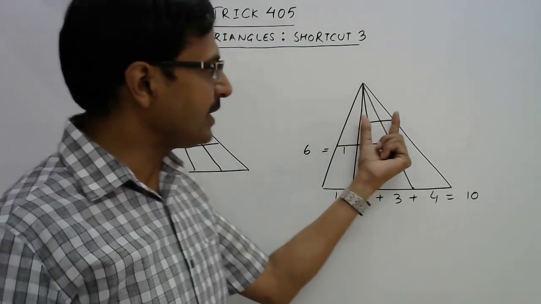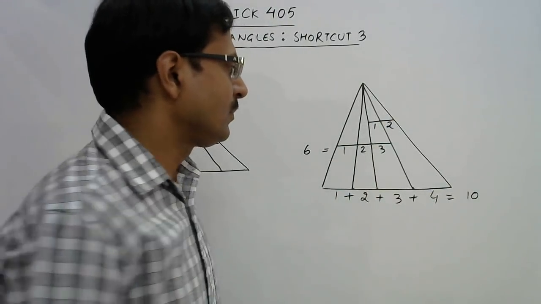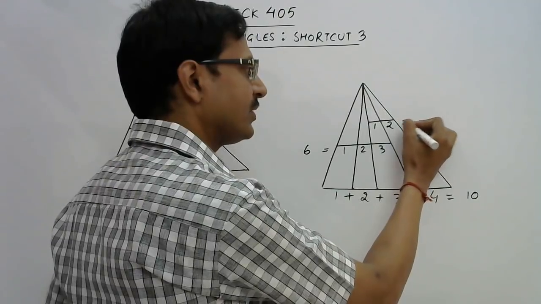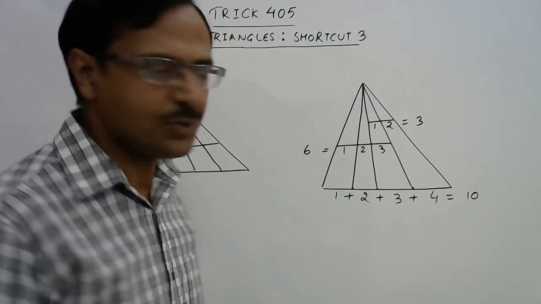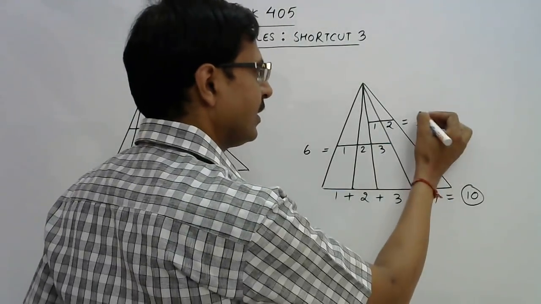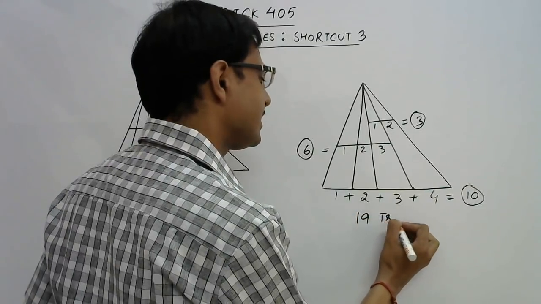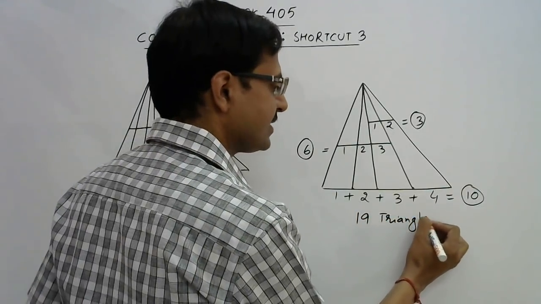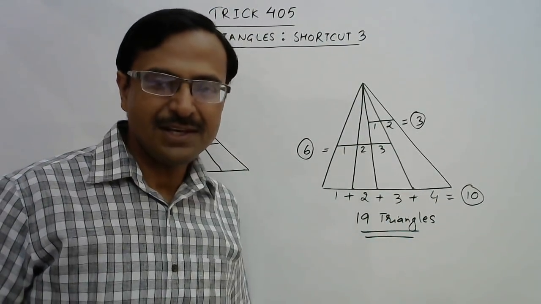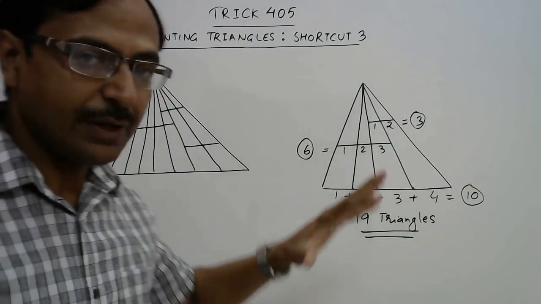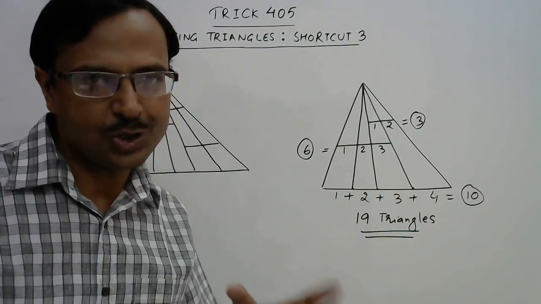If you have another base, name the parts of this also and add 1 plus 2, you get 3. Finally, add all the sums which you have got. This is 10 plus 3, 13 plus 6, 19 triangles is the exact answer of this figure. See, we have counted the number of triangles without actually counting any triangle. So this is the beauty of shortcuts.